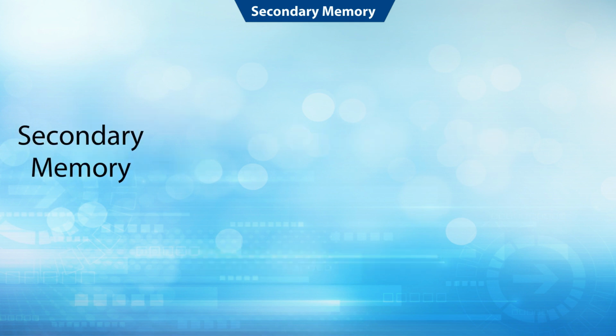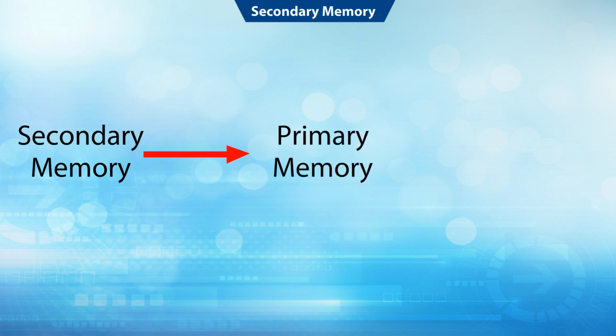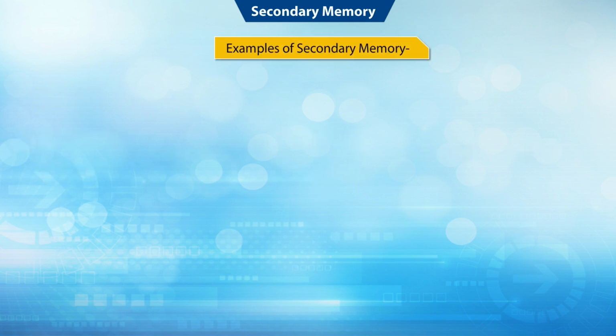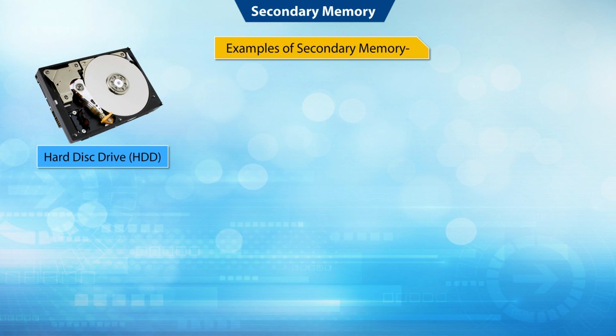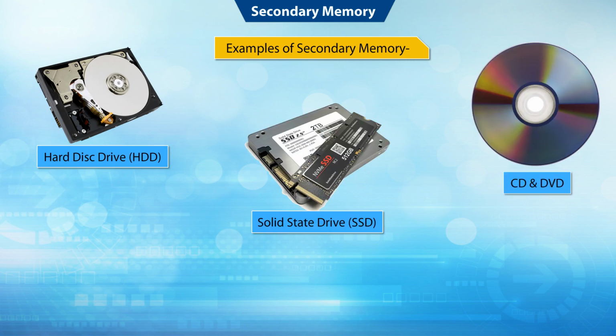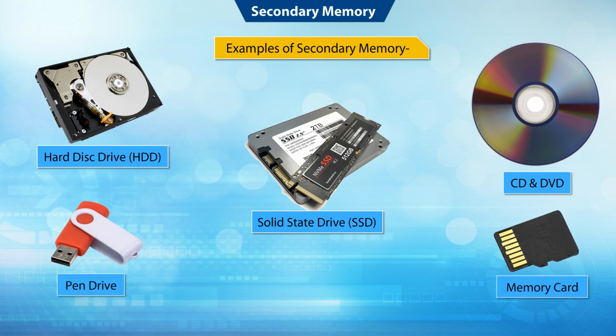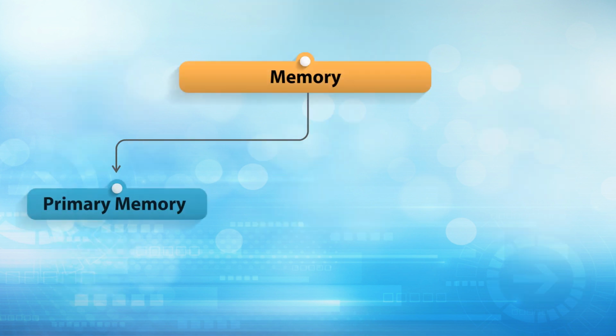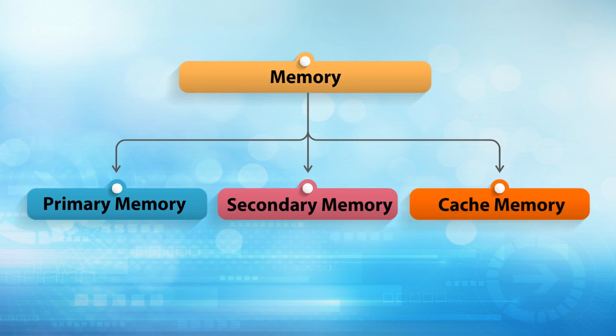The information stored in the secondary memory is first brought into the primary memory and then it is accessed by the CPU. Some examples of secondary memory are hard disk drive (HDD), solid state drive (SSD), CD or DVD, pen drive, memory card.